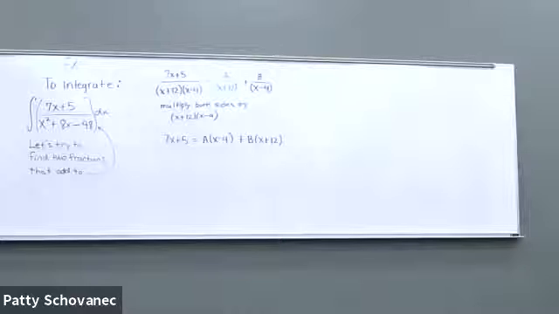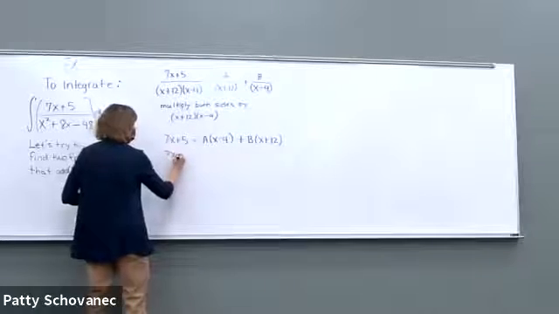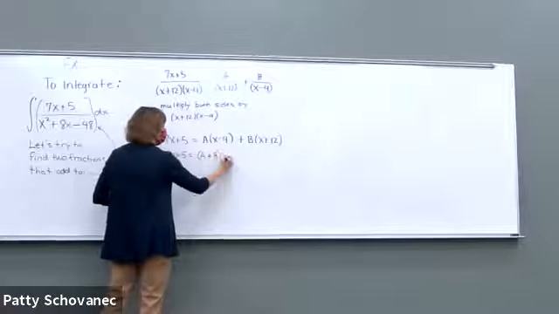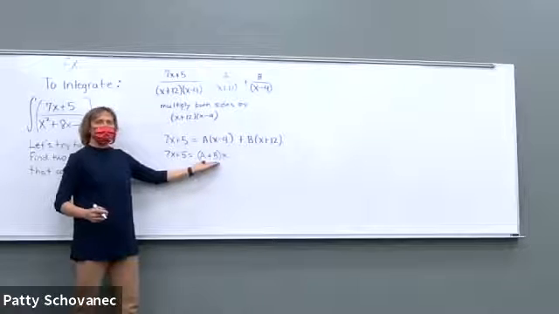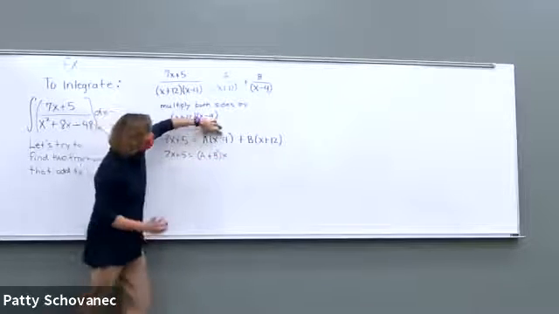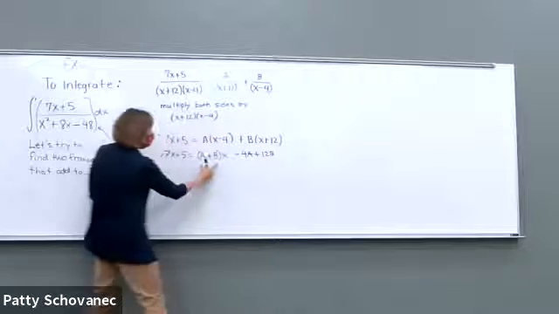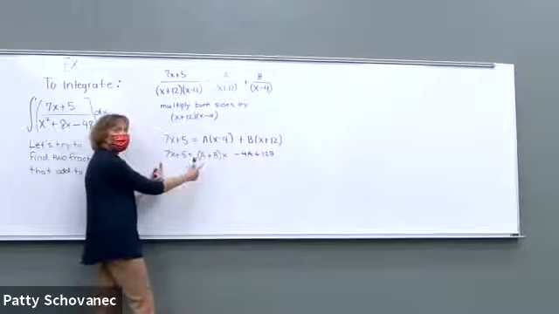Then I need the two numbers that multiply with the x to give me 7x on the left. And I need the constant terms to give me 5. So let me rearrange this. After I multiply it out, I'll have an Ax plus a Bx, so let me just write that as A plus B times x. After I multiply this out, I have a negative 4A plus 12B. I have an x to the first power term, and I have a constant term, and they have to match up.